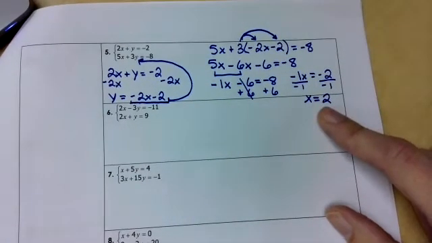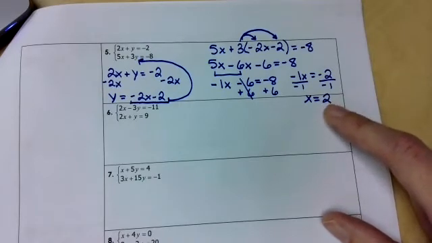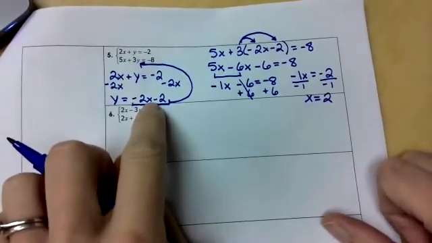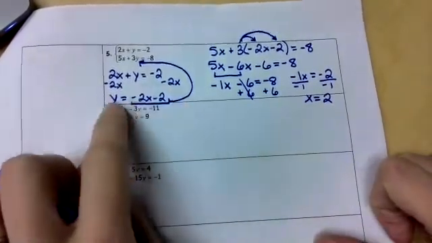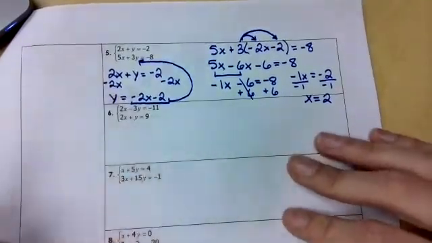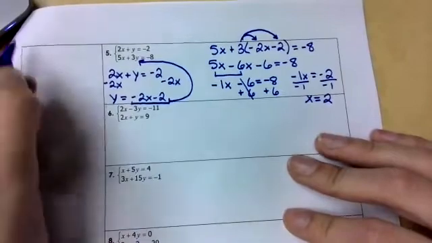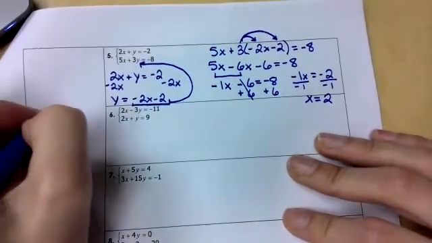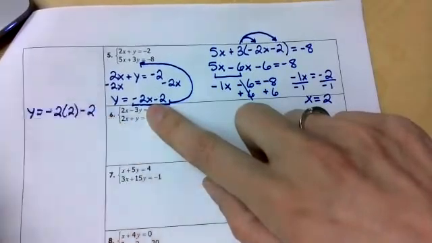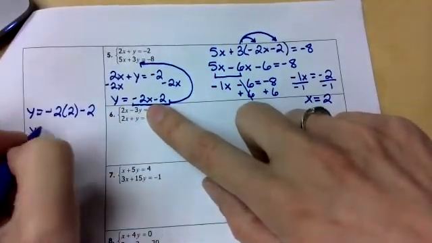At this point, what I can do is plug 2 in for x in the equation that I already isolated for y, and then solve for y. So when I do that, I'm going to do y equals -2, and I'm plugging 2 in, and then I'm solving for y.